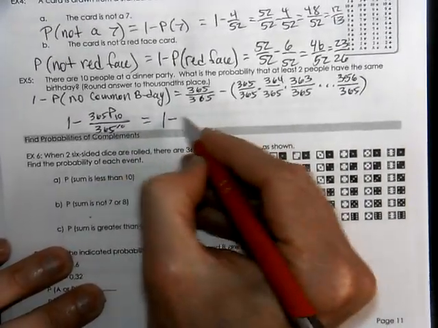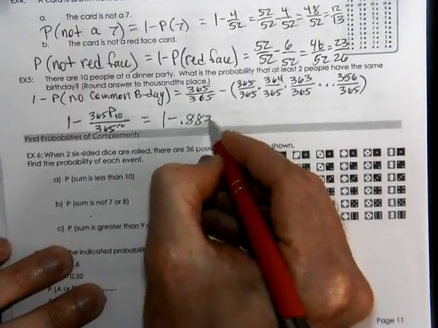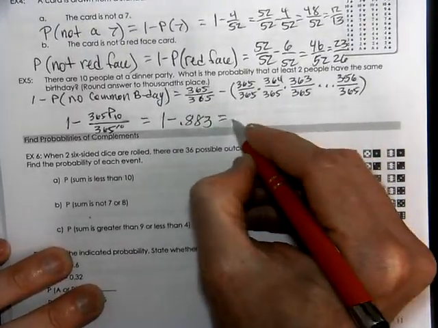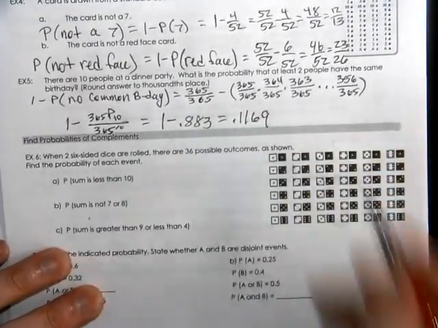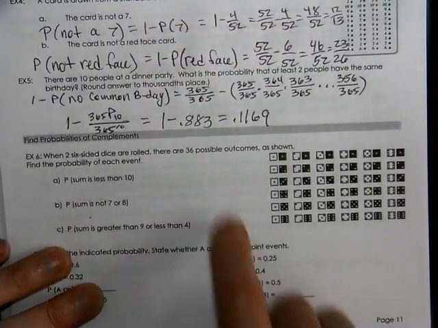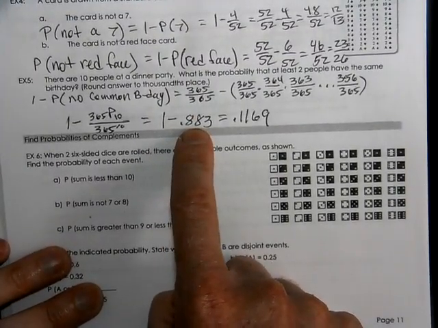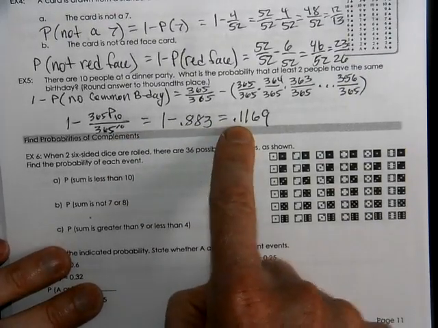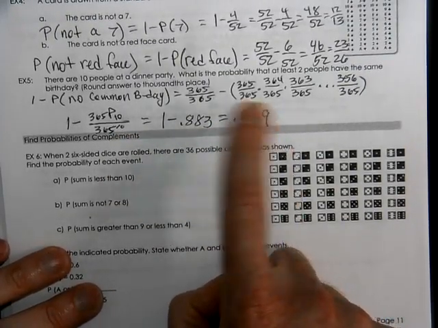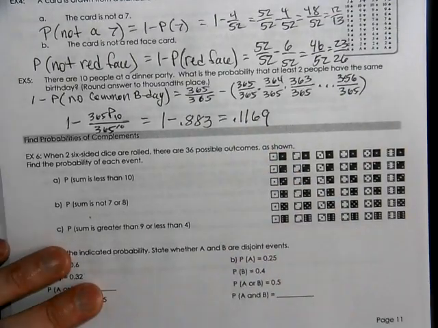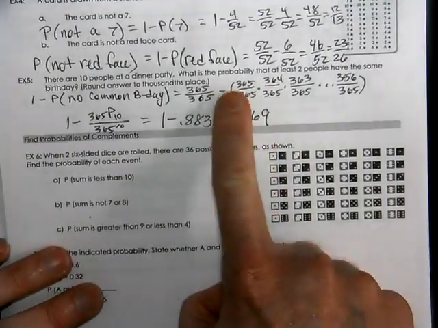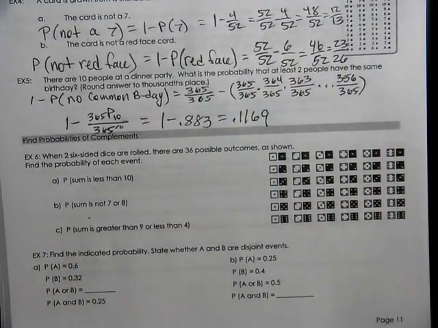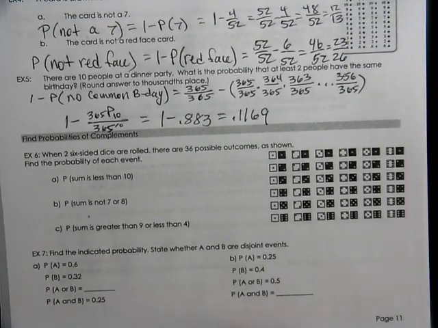So this becomes 1 minus 0.883, which is 0.1169. So there's an 88% chance nobody has the same birth date, which is going to turn into an 11.69% chance that they would have the same birthday. Phew, that's a crazy one.